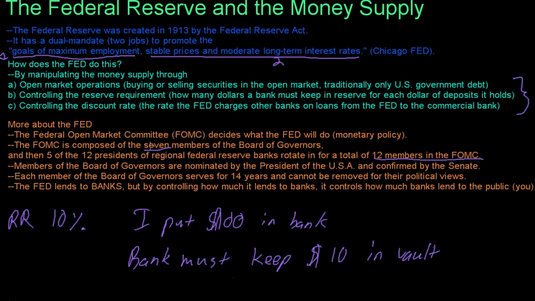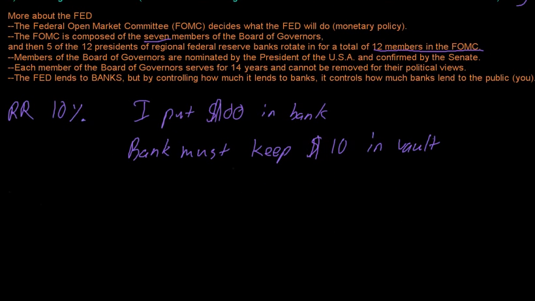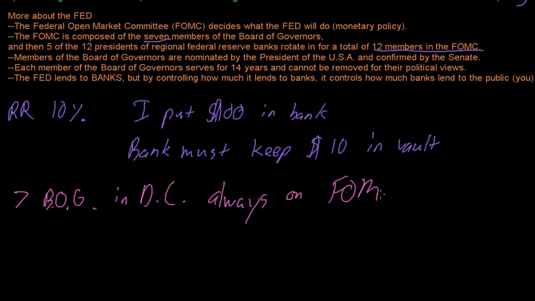So there are 7 members of the Board of Governors, which are always there. There are 7 people in DC. These are the 7 Board of Governors, and they're in Washington, D.C., and they're always on the FOMC. The Federal Reserve's main headquarters are in DC, but then they have these 12 regional Federal Reserve banks.